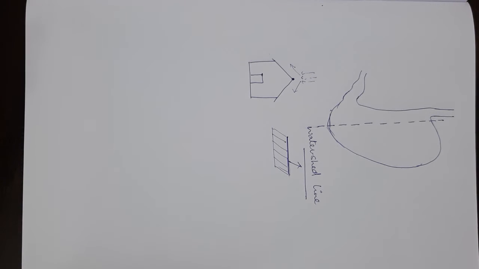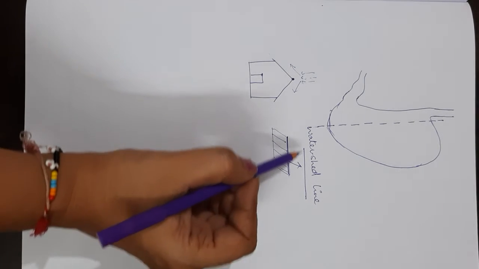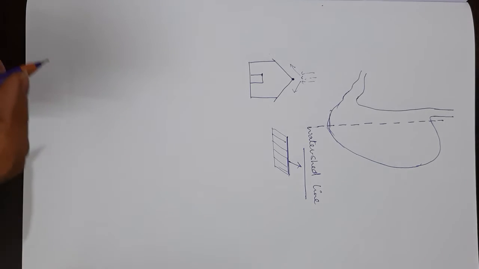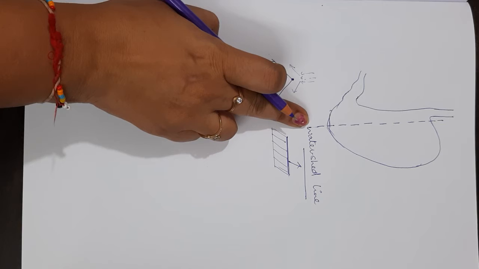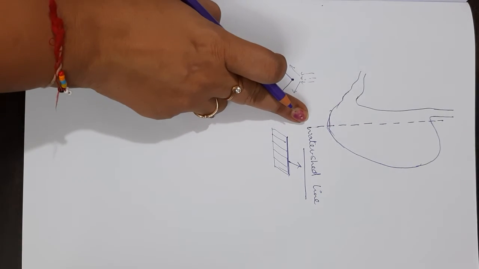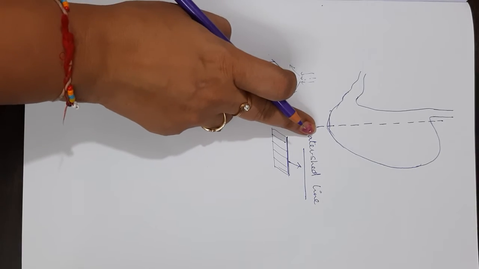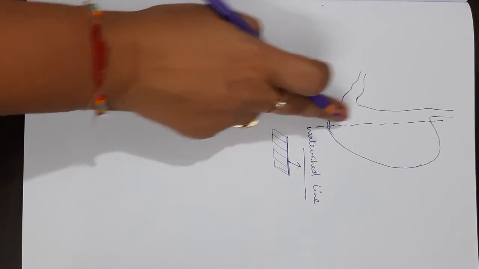Now in the body we see that there are a few watershed lines, and we use this term with respect to lymphatic drainage. What we mean by this watershed line in the stomach is that along this line no lymphatics will be present, or no lymphatics are going to cross each other.